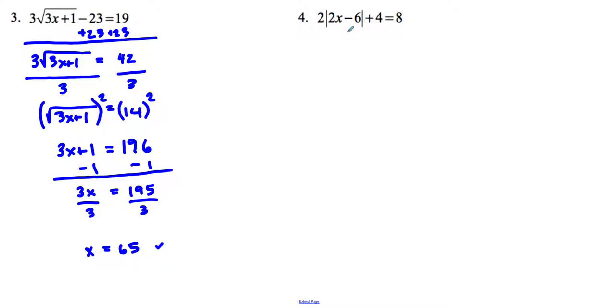Number 4, we have 2 times the absolute value of 2x minus 6, and then we're going to add 4 to that, and that should equal 8. So again, x is inside of the grouping symbols here, so we need to isolate the grouping symbols first. We're going to subtract 4.